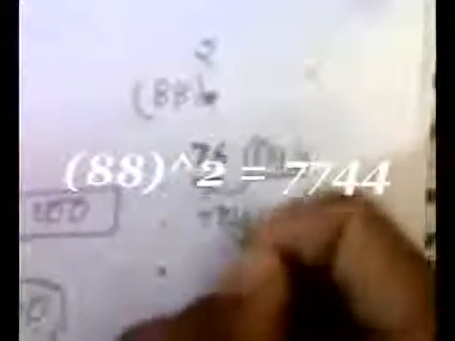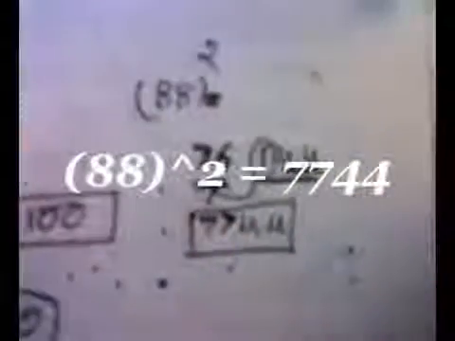And in the second half, 88 is 12 away from 100, so the square of 12 is 144. Here again there are three digits, so we'll put 44 as it is, and we'll add this 1 to 76, which gives us 7744.